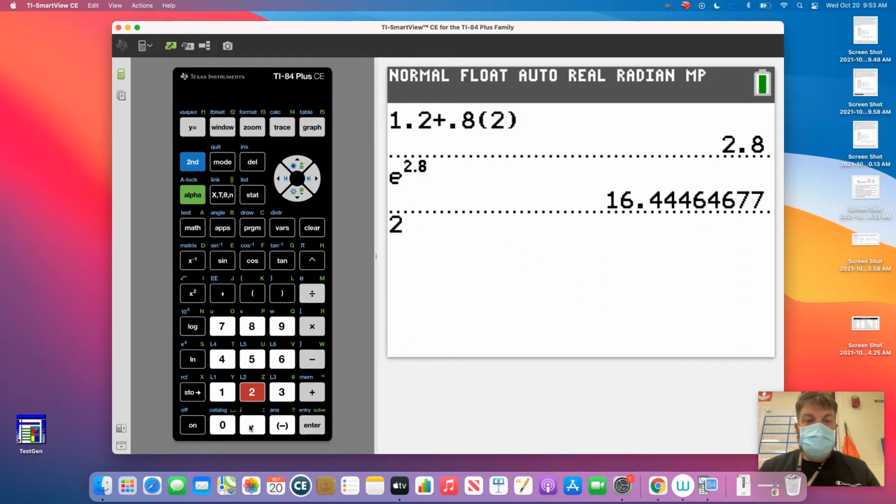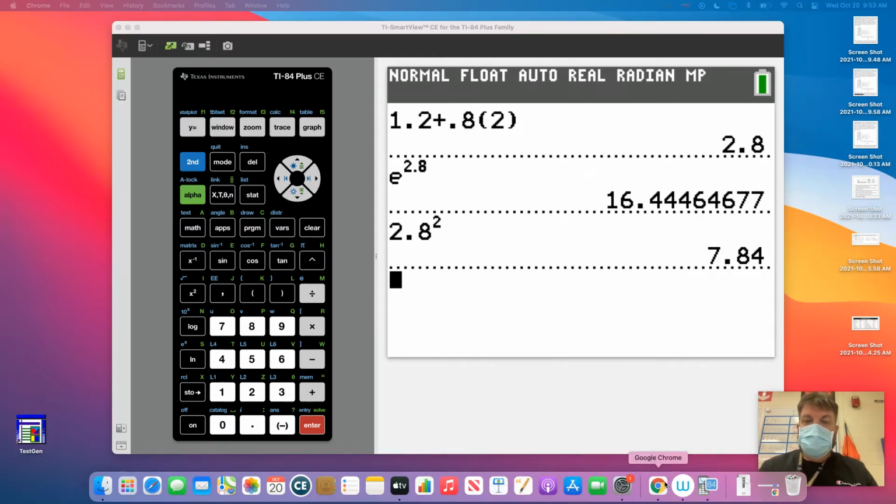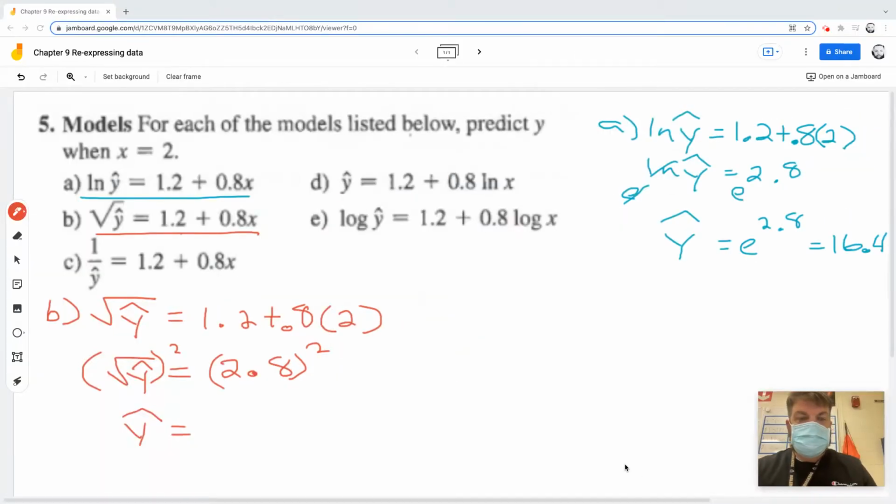So I'm going to say 2.8 squared. Well, bam, with the bacon sizzle, 7.84. Now that's quite a difference from 16.44, don't you think? Let's keep moving, trucking along here.